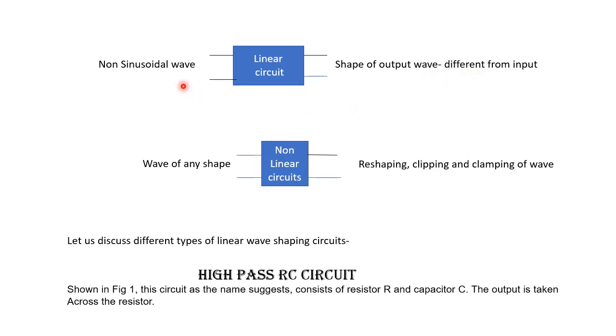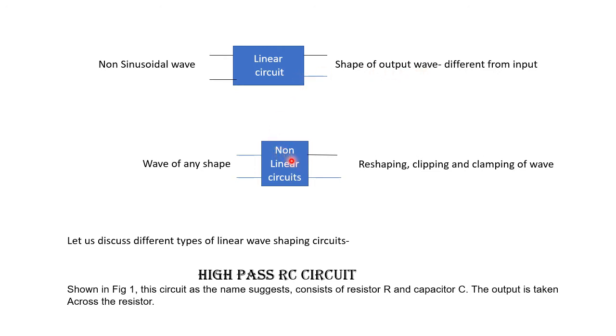So when a non-sinusoidal wave, for example a ramp or rectangular or a square wave, is applied to the input of a linear circuit, then the shape of the output wave will no longer be the same as the shape of the input signal.